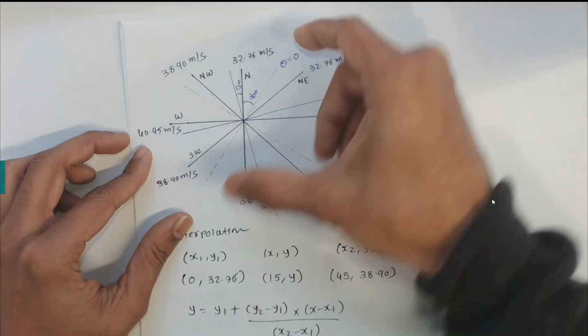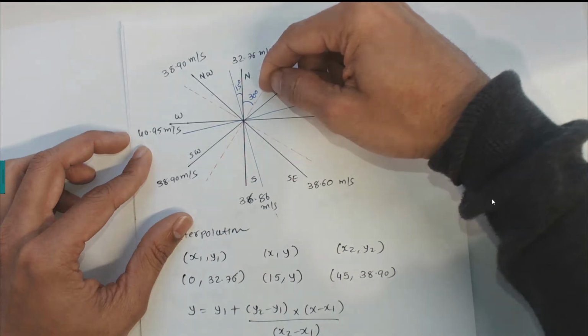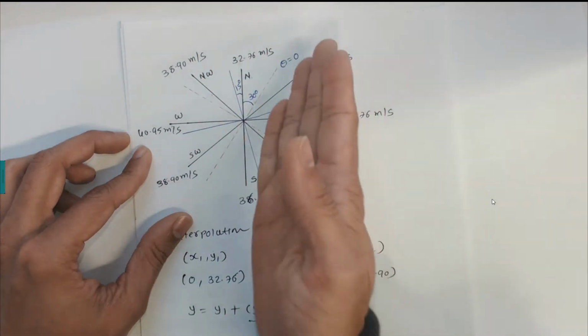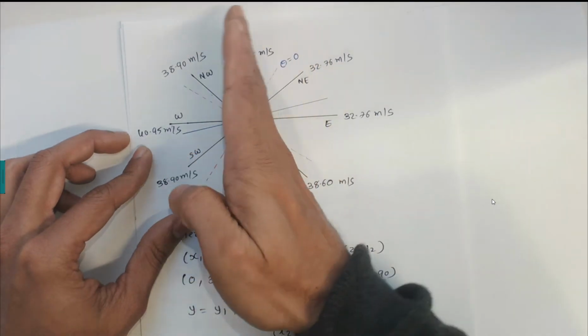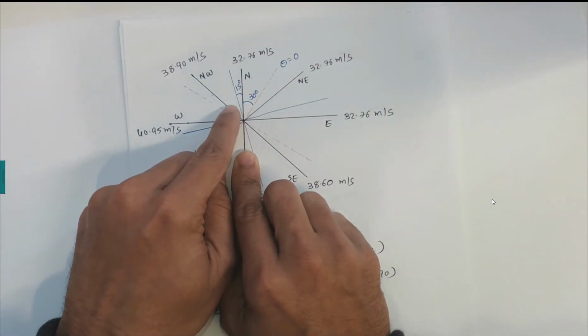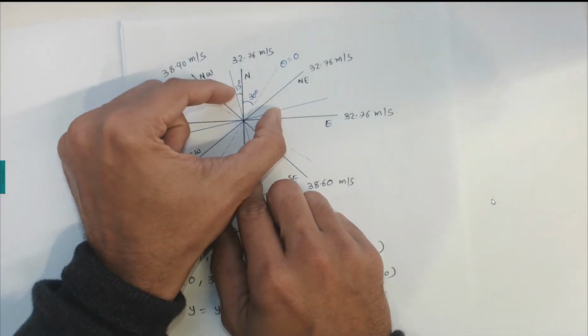That is the building here. We are interested in finding the wind speed coming from here, from here, and from here. From this line we need to take the 45-degree sector. This blue line is drawn 45 degrees to the left and 45 degrees to the right to get the plus and minus 45 degree sectors.